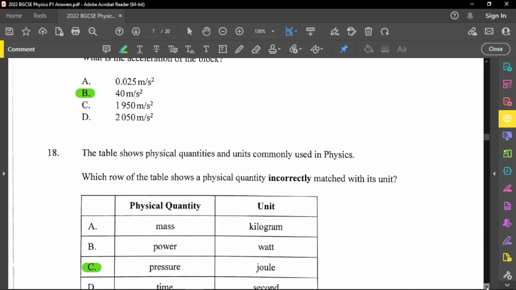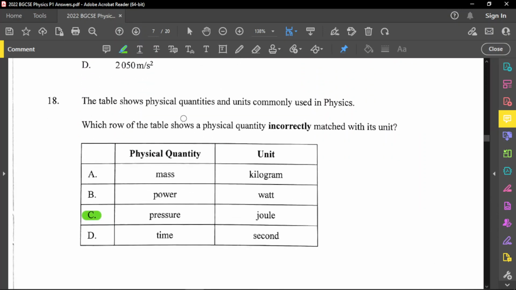derive each answer for the various questions. For question number 18, it said the table shows physical quantities and units commonly used in physics. It said which row of the table shows a physical quantity incorrectly matched with its unit. Again, I don't need to explain this, because once you know your basic and derived quantities, you should be fine.